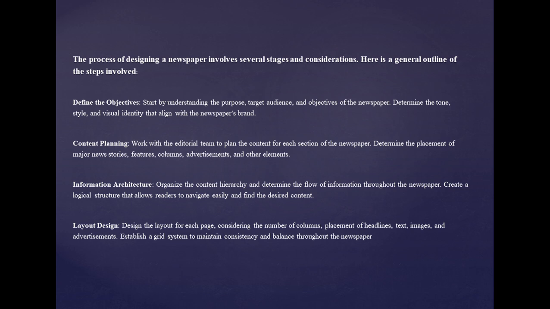Next, layout design. Design the layout for each page, considering the number of columns, placement of headlines, text, images, and advertisements. Establish a grid system to maintain consistency and balance throughout the newspaper.